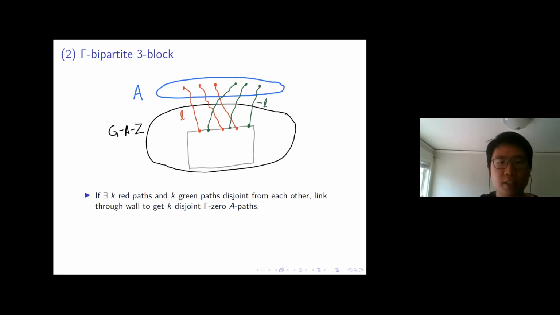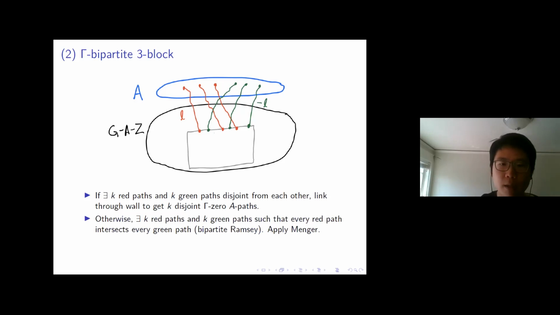Suppose that there do not exist sets of k paths on each side that are all disjoint from each other. We can apply the bipartite Ramsey theorem to obtain a set of k red paths and k green paths so that every red path intersects every green path. This is just applying the bipartite Ramsey theorem that every bipartite graph contains either a complete bipartite graph on k vertices on either side or an empty bipartite graph on k vertices on either side.